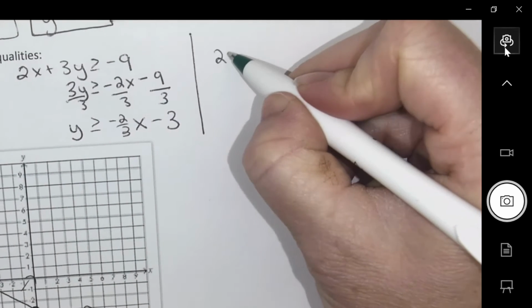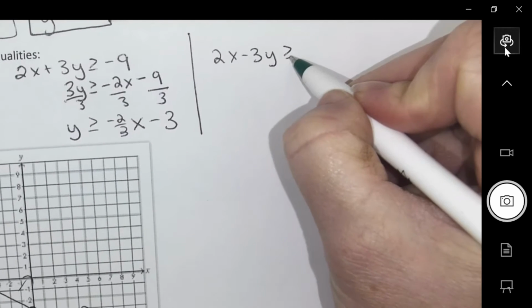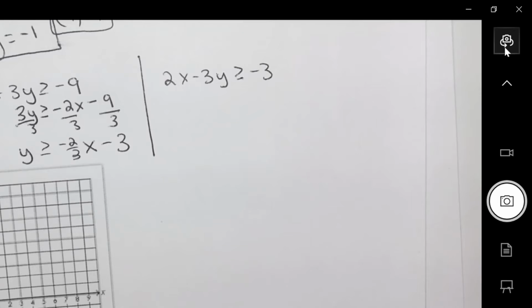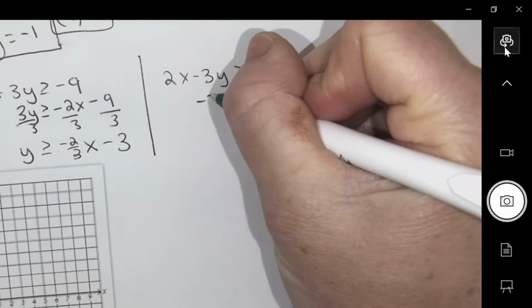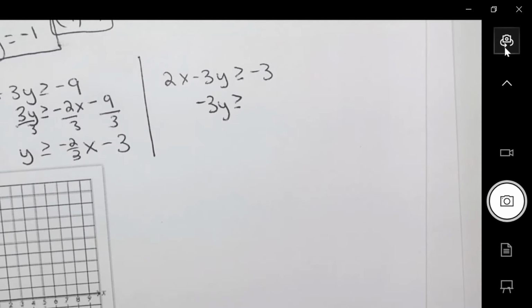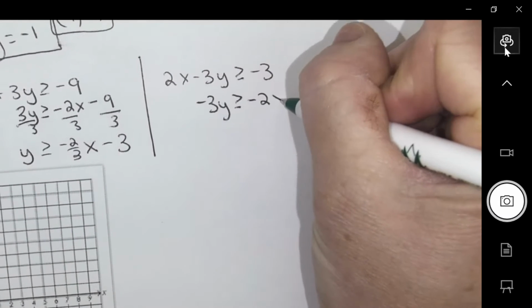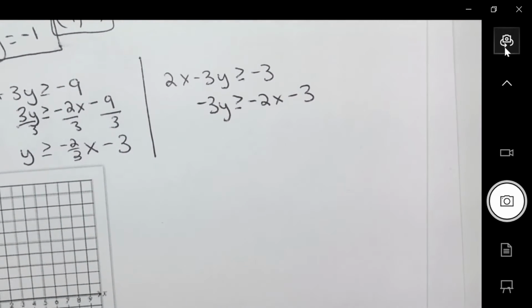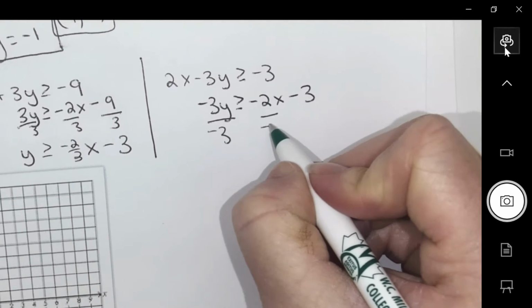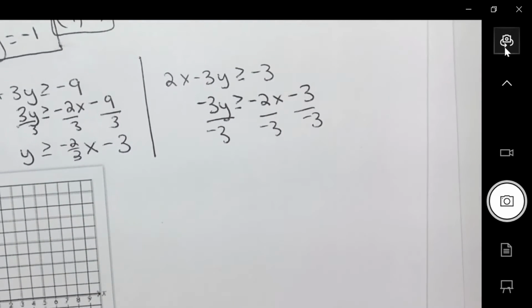Okay, next line. Have to do some algebra again. Okay, -3y is going to stay. The 2x is going to move, so it's -2x. And then I need to divide by a -3.